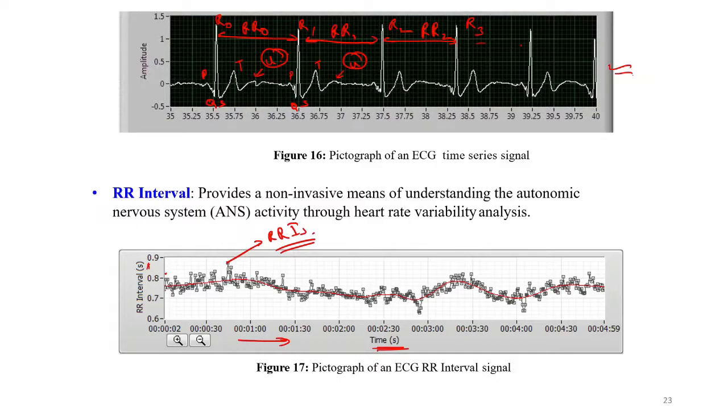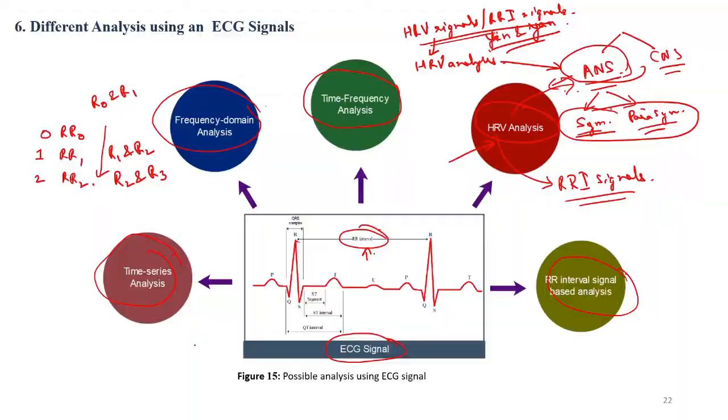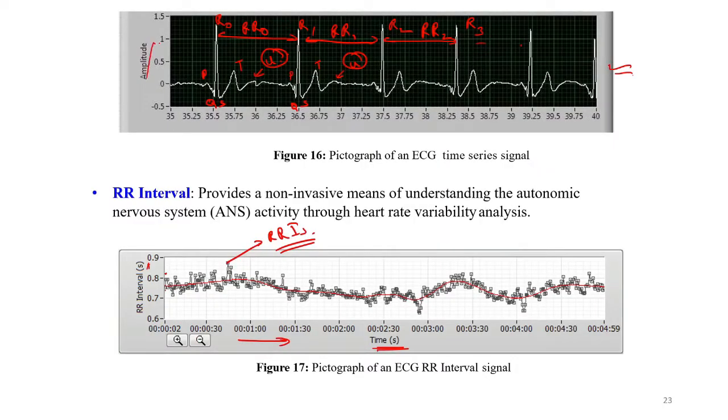So in ECG it would be amplitude, so it would be in millivolts, whereas the x-axis would be time in seconds. So please keep this in mind. We may ask you what is the difference between the other interval signals and the normal ECG signals. So we can ask you to differentiate in the examination. Okay.